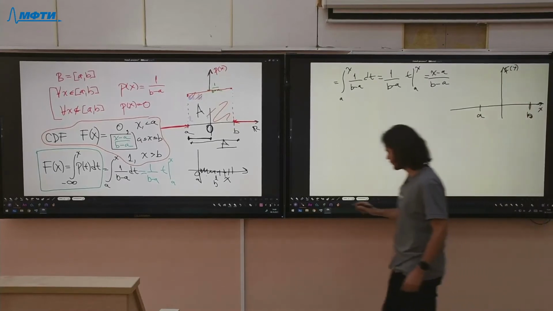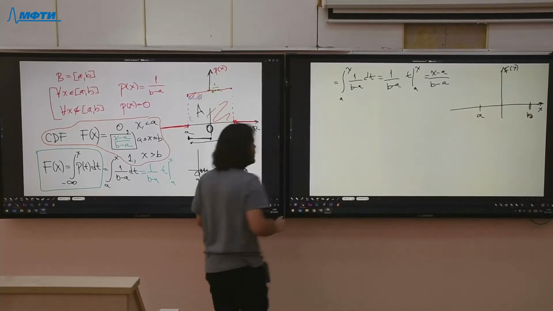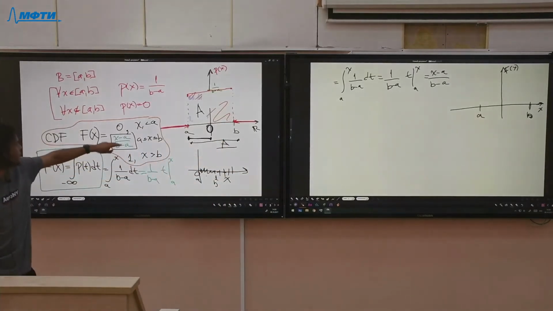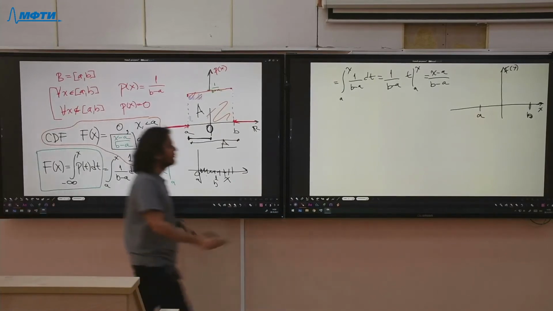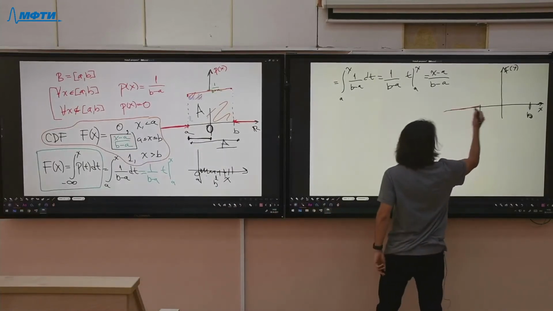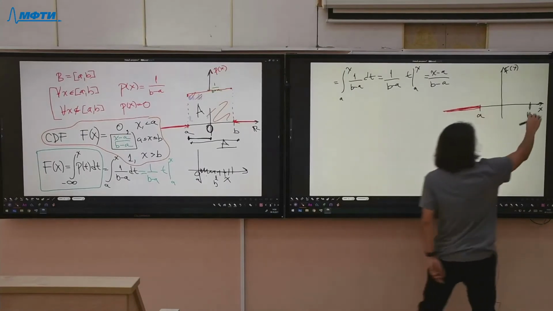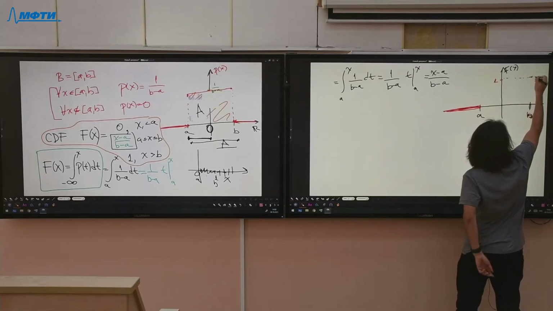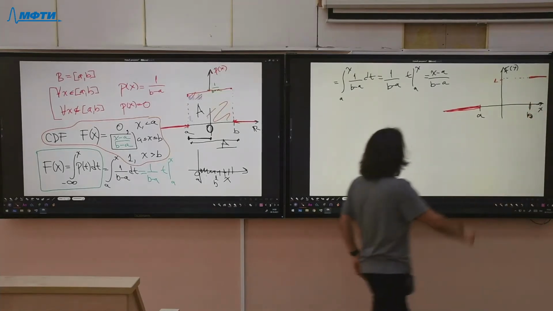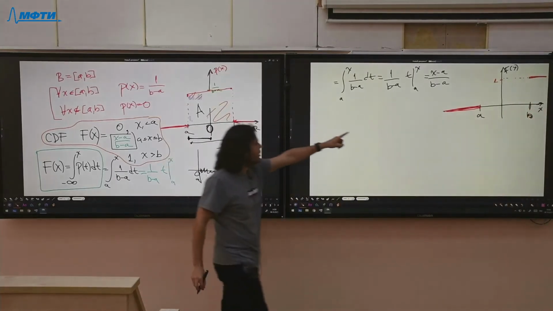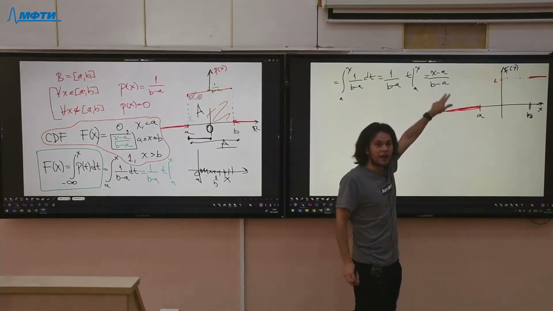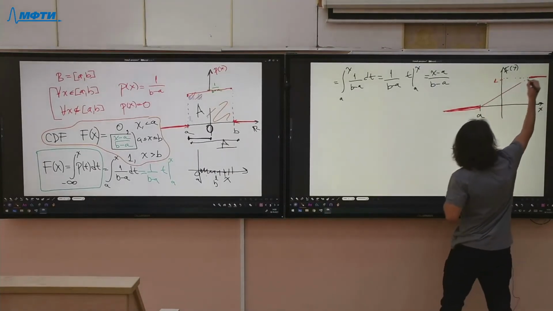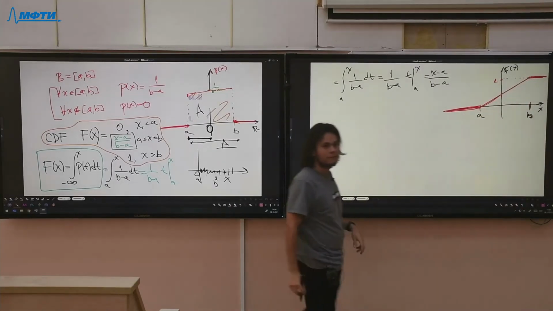Now, if X is less than A, then this is 0, right? If it's greater than B, then this is 1. And between A and B, this is this line, right? So this is a line, and this line goes like this.